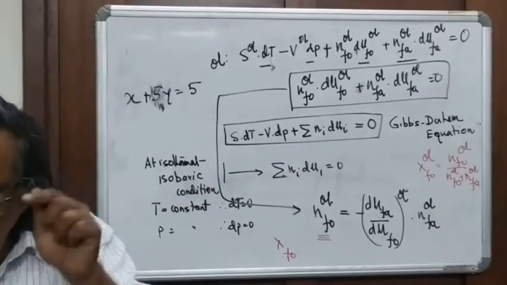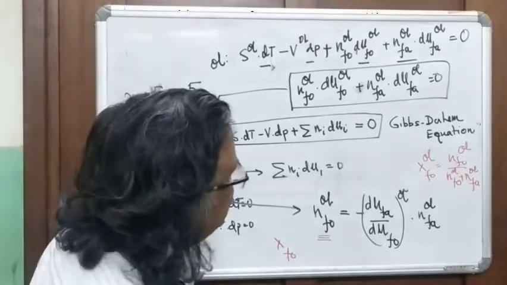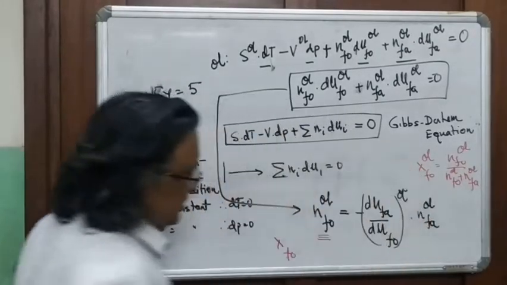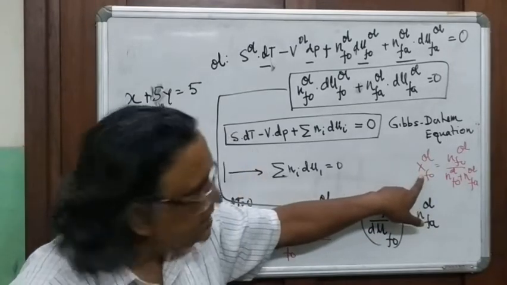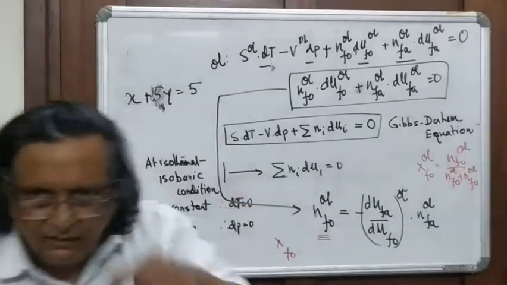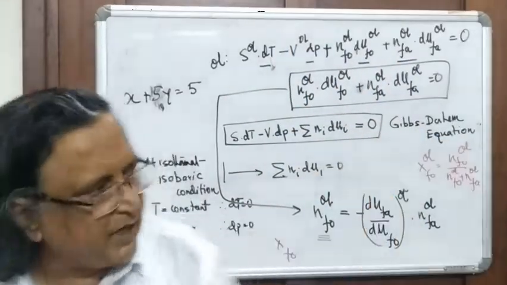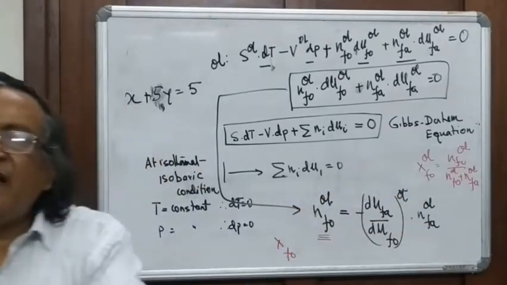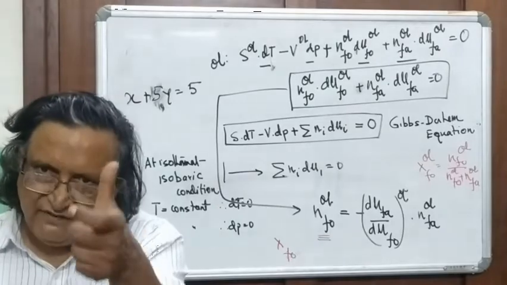Chemical potential, Gibbs-Duhem equation, and mole fraction. Remember, in a mole fraction, say for example, in this equation, if you find a particular value of X forsterite, then X fayalite itself becomes a dependent variable. Because X forsterite plus X fayalite is equal to 1. So if you change one, the other is automatically fixed.